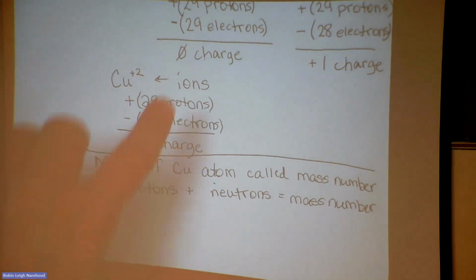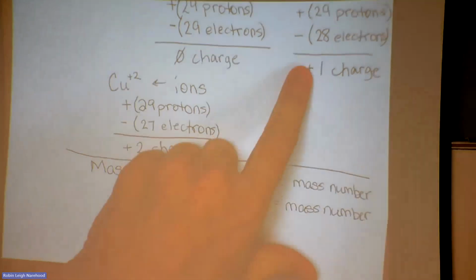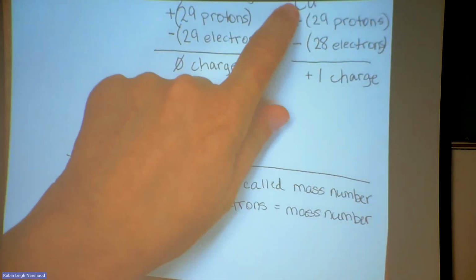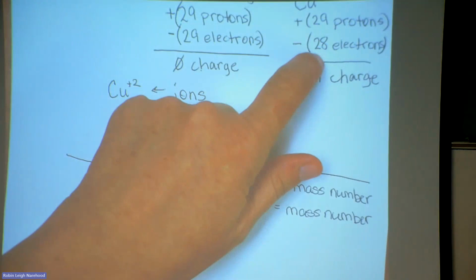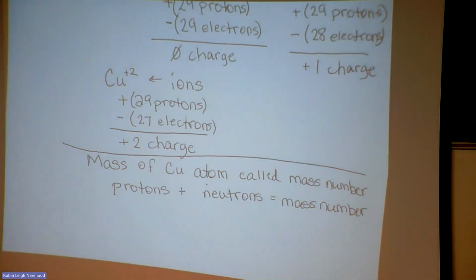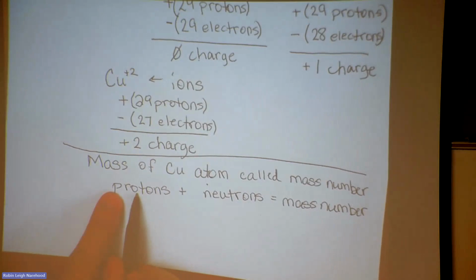Up here in our formula, we had two things that we added together to get an answer. In order to add things together to get an answer, you have to know what the two individual things are. Or in this case, we knew what the answer was supposed to be, and we knew how many protons, so then we were able to figure out our electrons. Any kind of math problem, when there's three variables, you got to know two of them. So this is not something that you can just magically know. We do magically know 29.